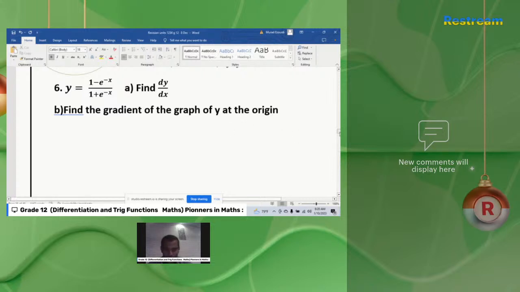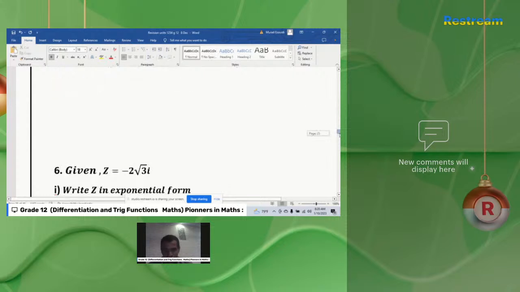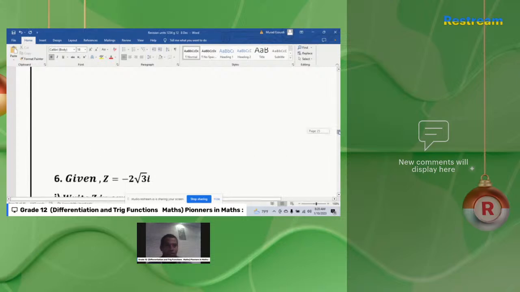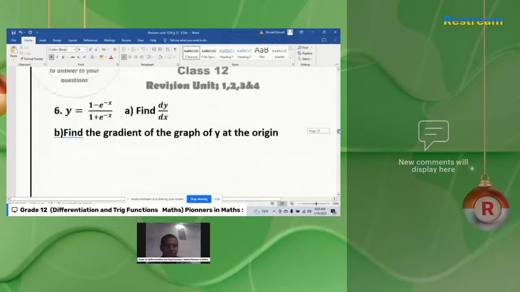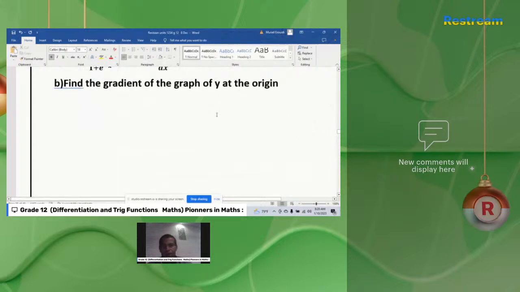Where we page 25. Okay. Now we'll do like that, learners. Okay. I will paste here. Origin.